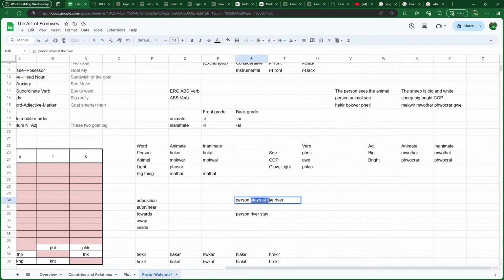Because here, the person stays at the river, we've got 2 words there. But if it's person stay river, then that means the person stays, that's either intransitive or transitive, that being the river.